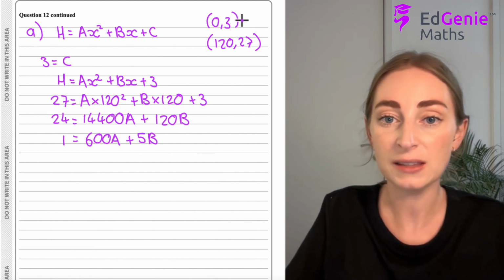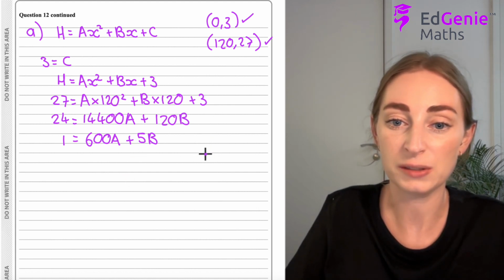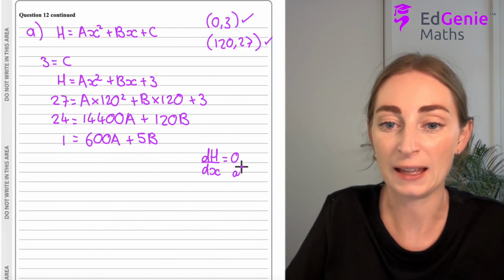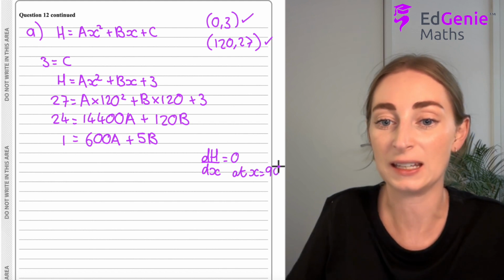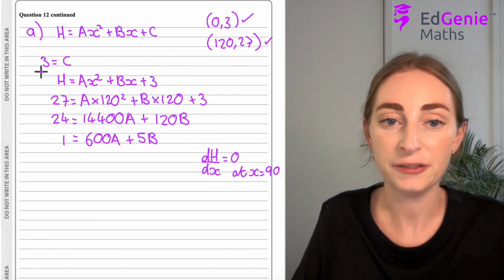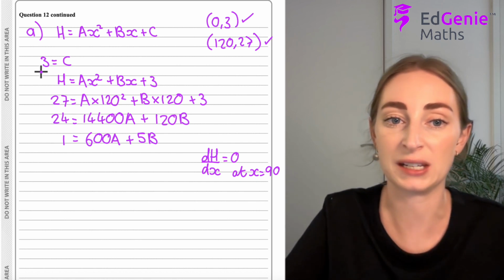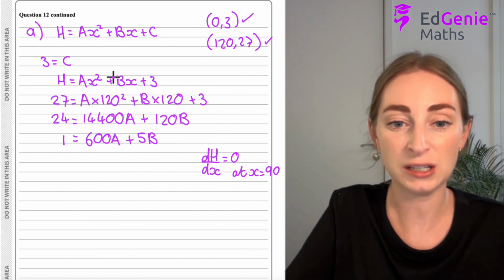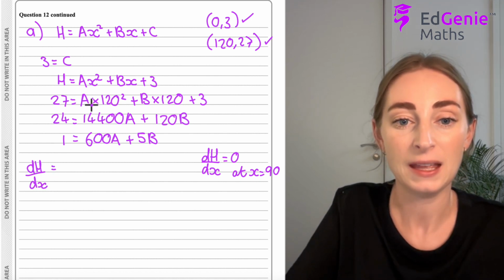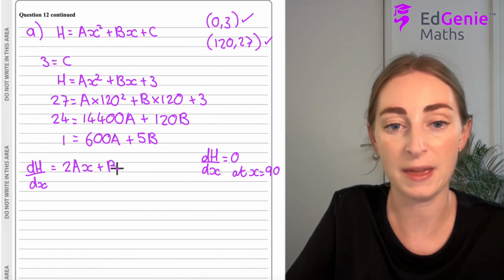Right, so we've used this piece of information and we've used this one. Now we want to use dh by dx equals 0 at x equals 90. Double check, was it 90? Yes. So let's differentiate. We want to try and get an equation with a and b in, and then we can use simultaneous equations. So if h equals this, then dh by dx is going to be 2ax plus b.